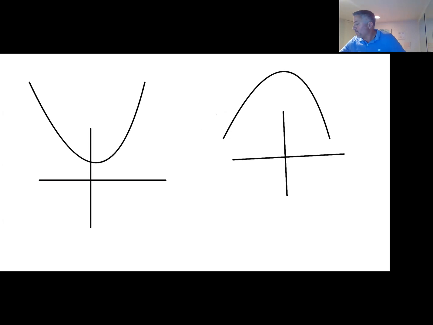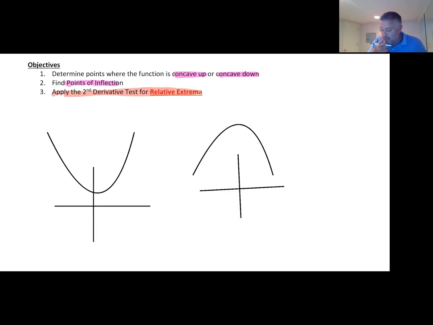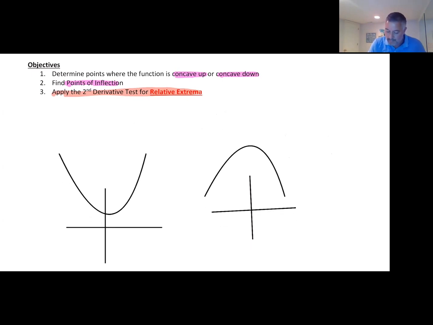Okay, so let's talk about the second derivative. And the second derivative is the derivative of y prime.